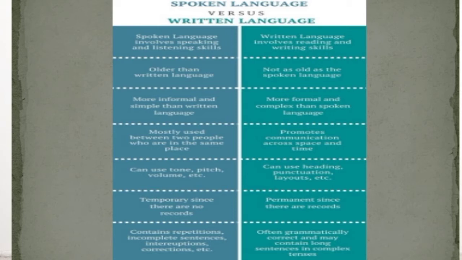Spoken language contains repetitions, incomplete sentences, interactions, and corrections. On the other hand, written language is often grammatically correct and may contain long sentences in complex tenses.